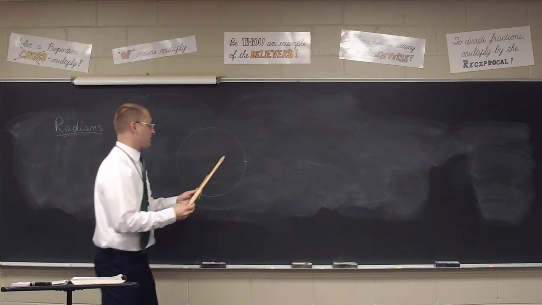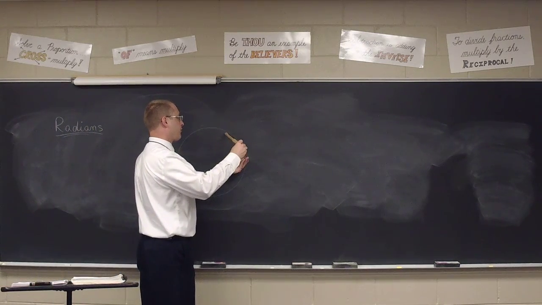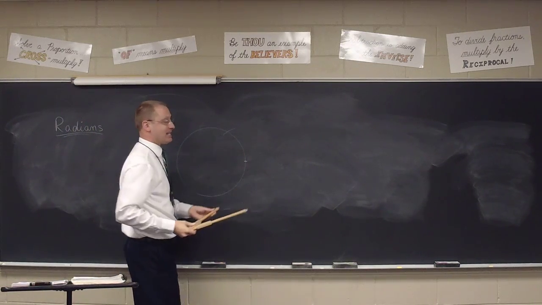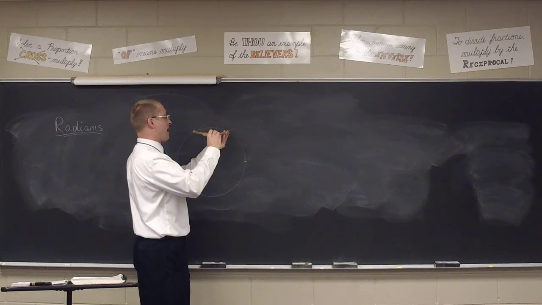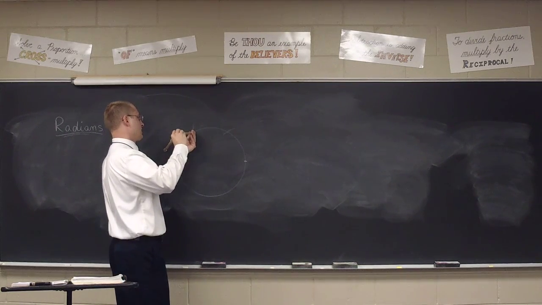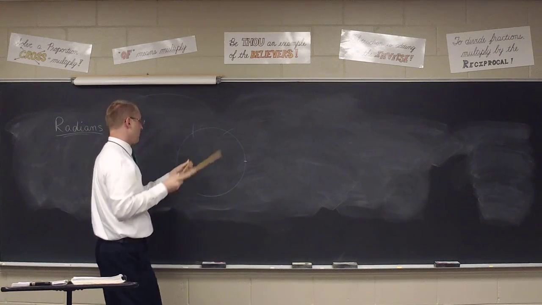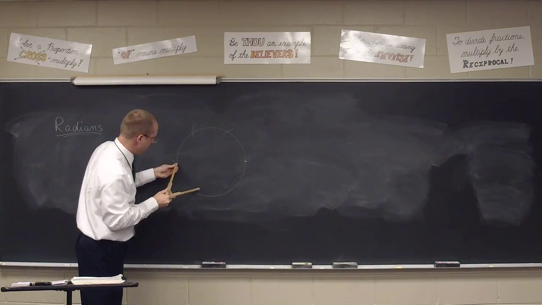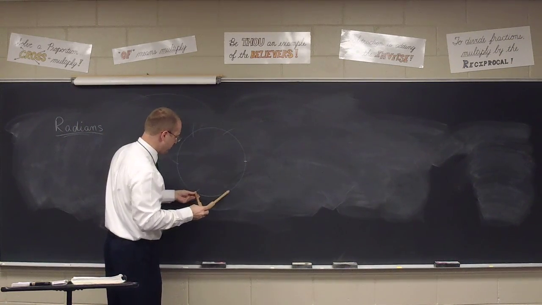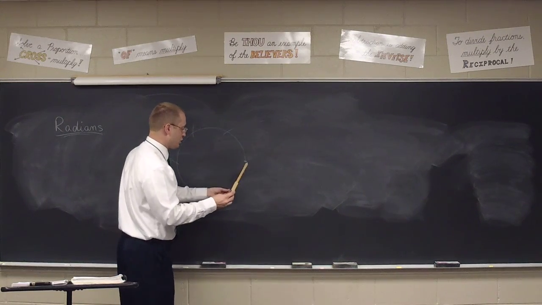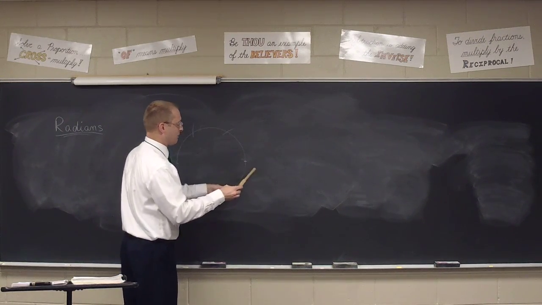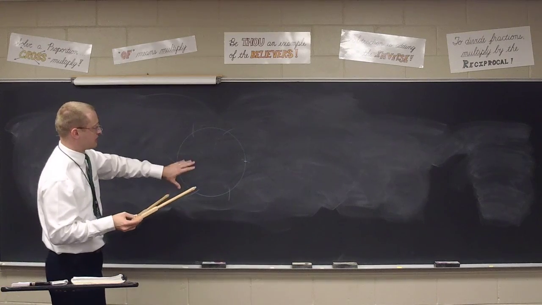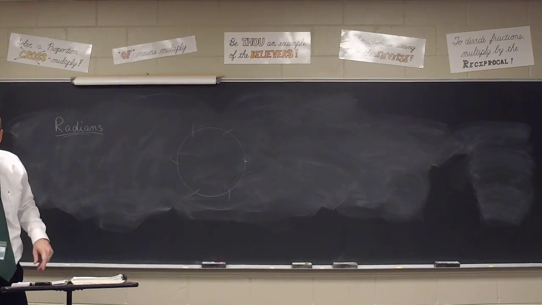And with your compass, you were supposed to measure off that radius distance. And then from that point, measure off radius distance again, and again, and again. And it should work that when you get back here, I'm a little off because my compass slid just a little, it should hit the same point again.